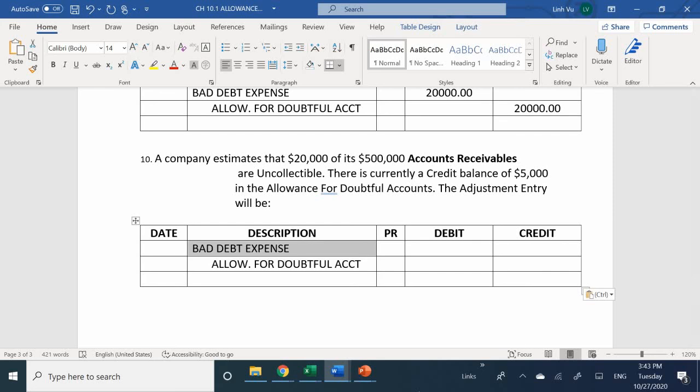So bad debt, and then the allowance for doubtful accounts. Remember, because we're not doing the direct write-off method, we can't just write off accounts receivable. We have to write it off the allowance. That's why it's called the allowance method. Okay, good.